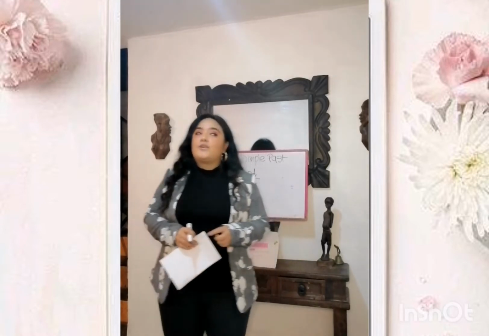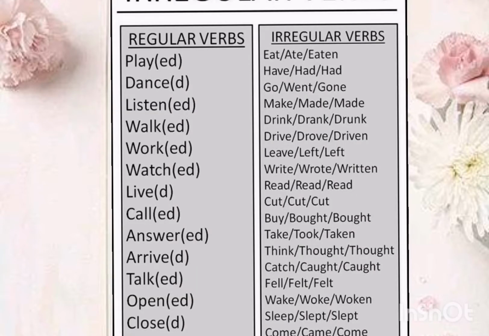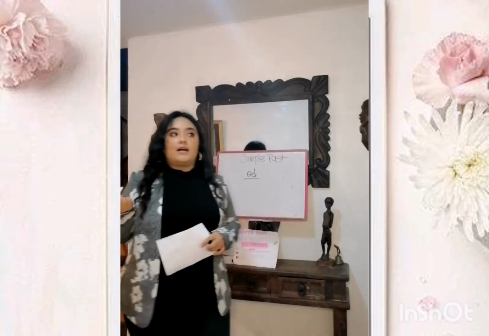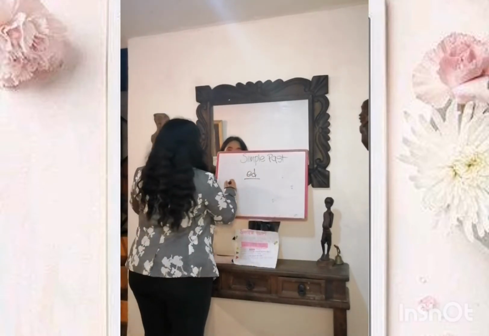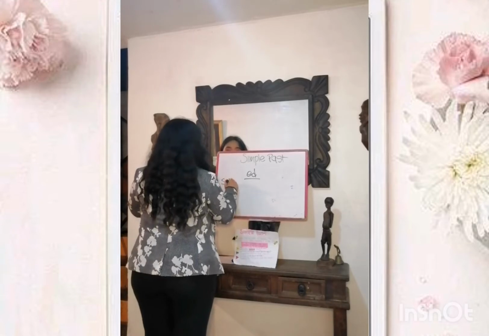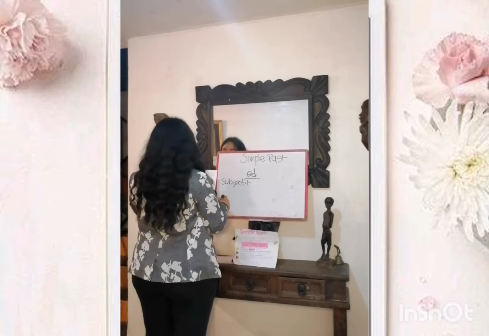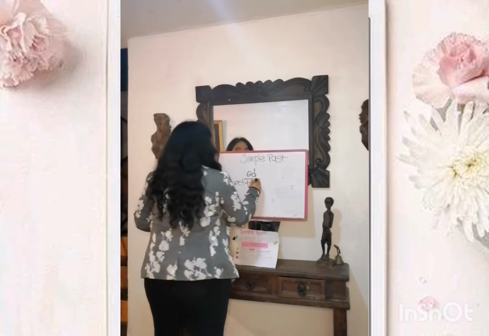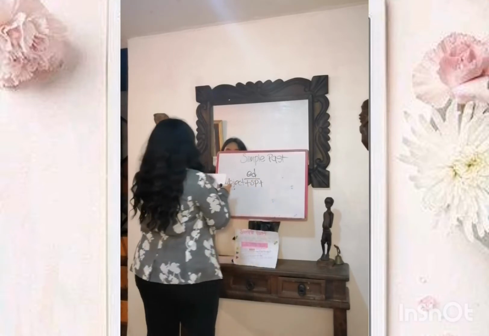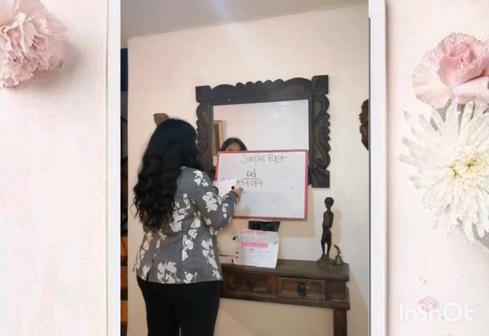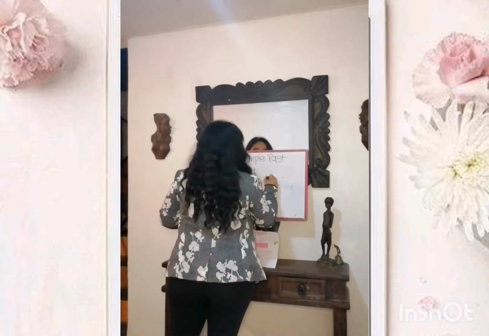So if we want to write down a sentence with simple past, we have this specific rule that we need to follow, which is the subject plus the simple past plus the object.